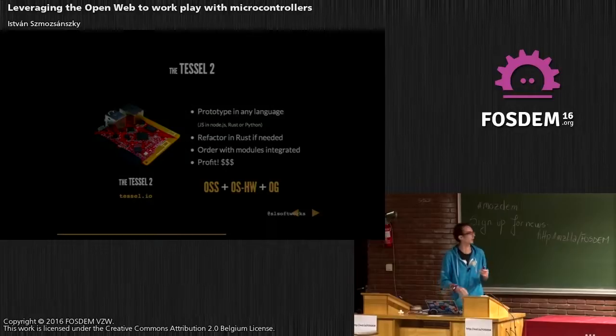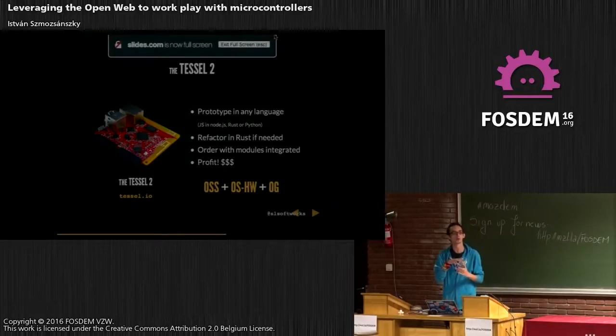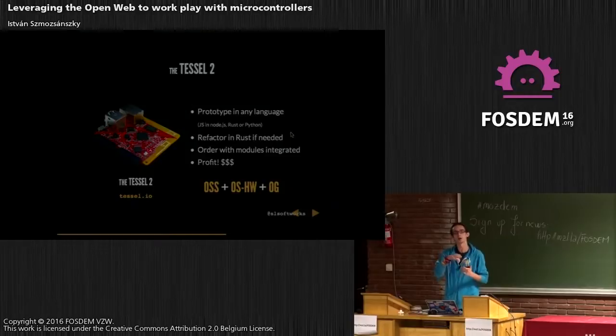I will show you a demo later if we have time: you can serve an access point from the Tessel 2, serve a web page from it, and connect from any device to that web page, which exposes a lot of GPIO outputs or things like that. So you can actually control GPIO from a web user interface.